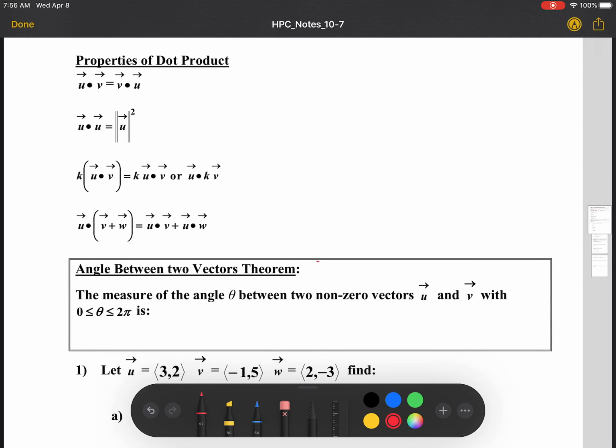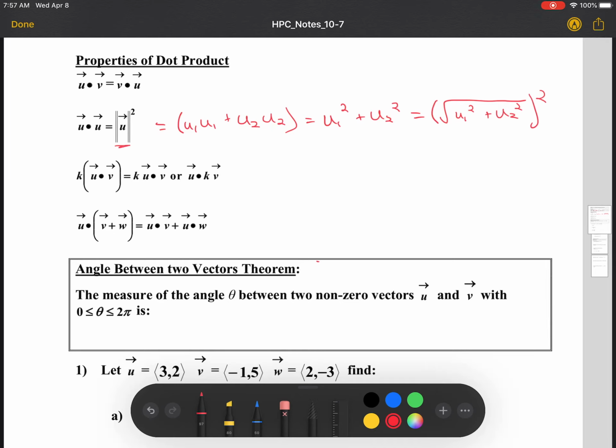You can take it both ways. u dot v is going to equal the same thing as v dot u. Understanding that u dot u is the same thing as u1 squared plus u2 squared, which also equals the square root of u1 squared plus u2 squared, squared.